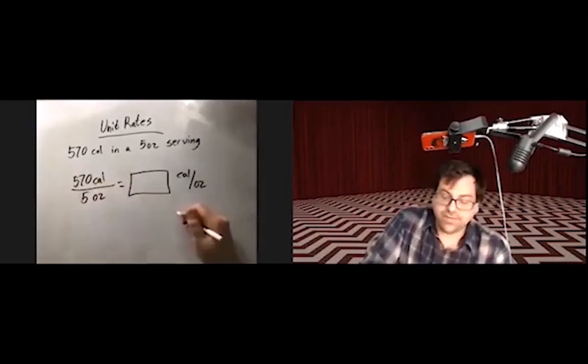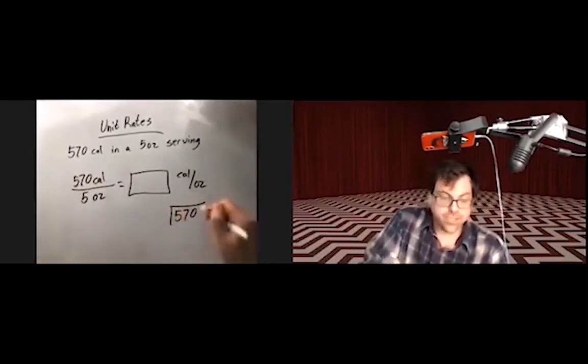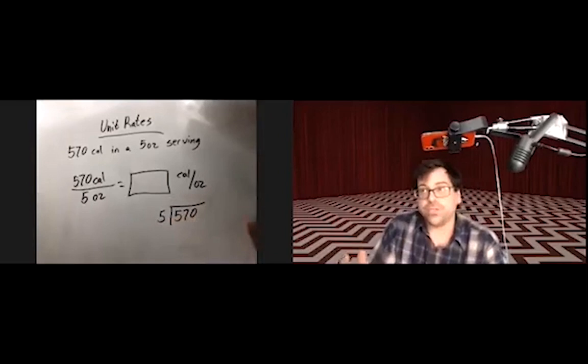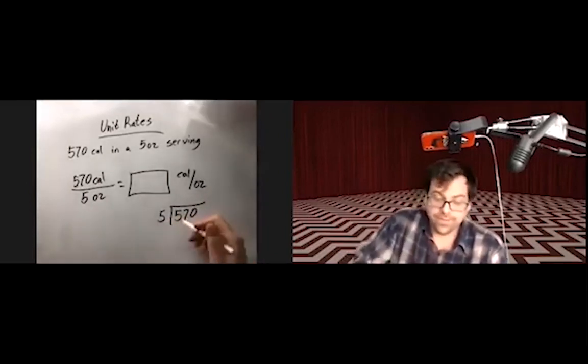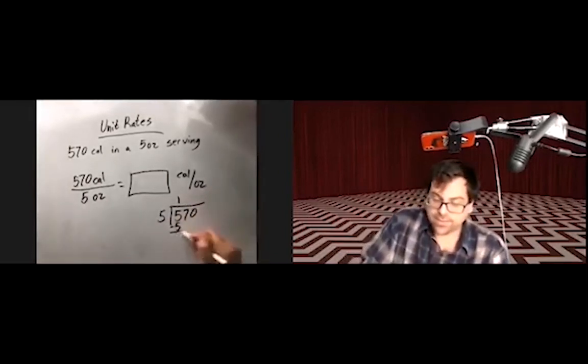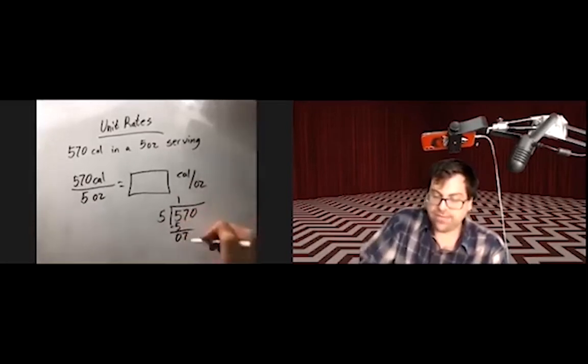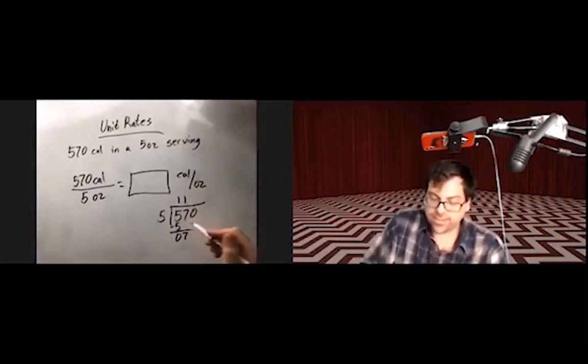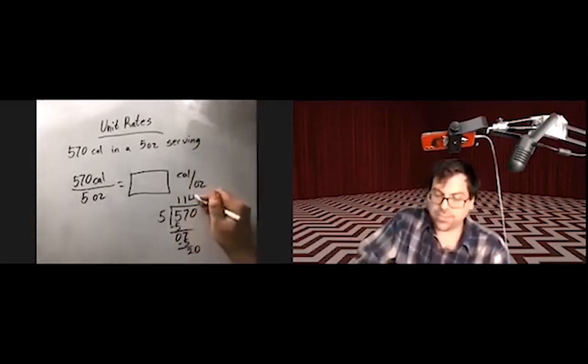So 570 divided by 5. We actually divide this time. We don't reduce, we divide. 5 goes into 5 once. Bring down the 7, 5 goes into 7 once. Bring down the 0, 5 goes into 20 4 times.